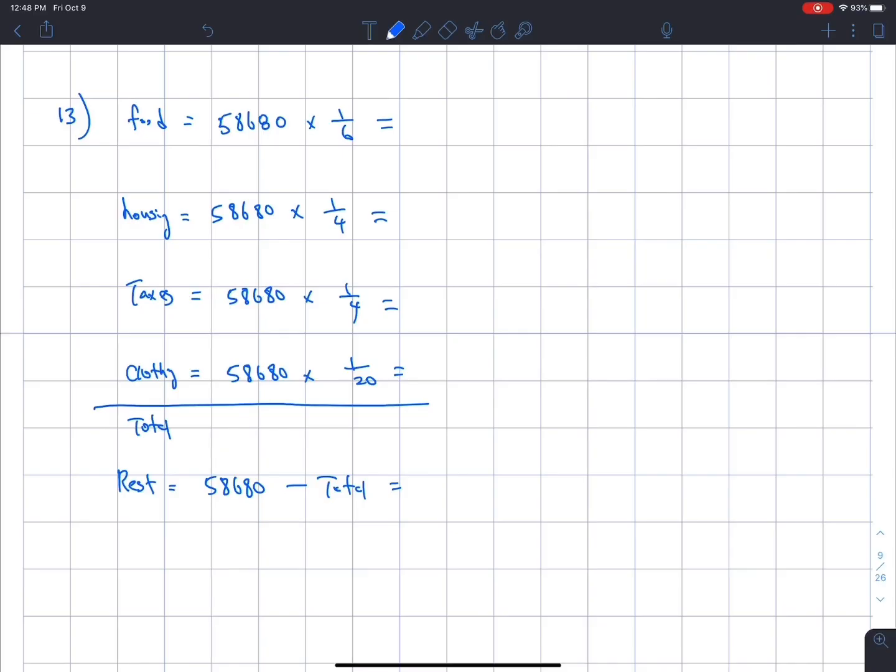58,680 times 1/6. I got 9,780. 58,680 times 1/4, I get 14,670. 1/6 is spent on food, okay, this is supposed to be 2/5 for housing.